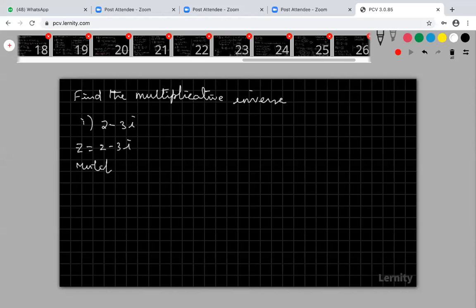The multiplicative inverse of Z is equal to Z bar divided by modulus of Z square. This is another formula. Okay. Then what is my multiplicative inverse of this? My conjugate is 2 plus 3i.